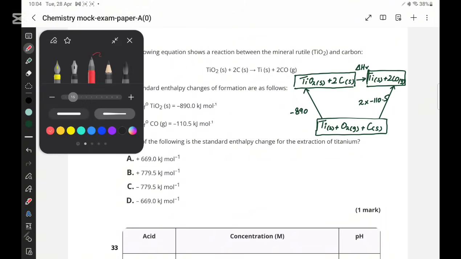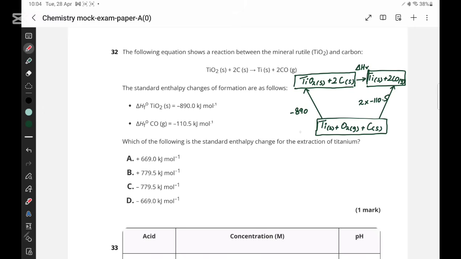So how am I going to do it? This is going to be the starting point and this is going to be the ending point. So one arrow will go from this point to this point, and one arrow will go from this point to this point. So this is route 1 and this is route 2.